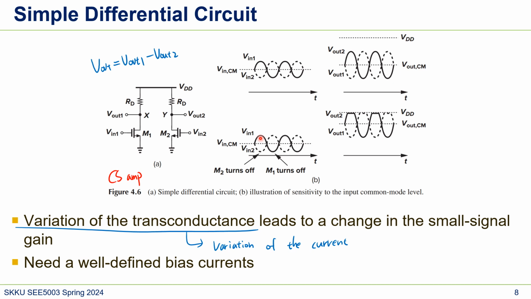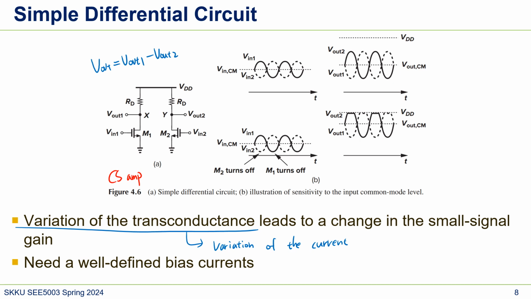But the problem happens if the input common mode changes. So this is the good one, what we desire to operate at, but assume that the input common mode is somehow lower than this. If the input common mode is low, the V out will increase, right? Because if the input common mode is low, then the current decreases. And the V out common mode is VDD minus RD times ID, right?